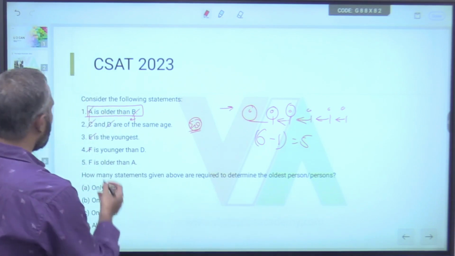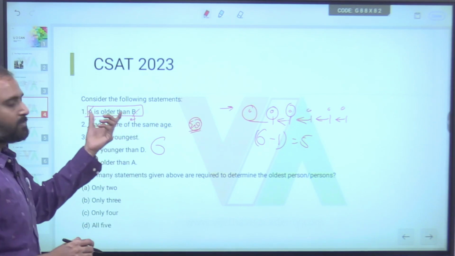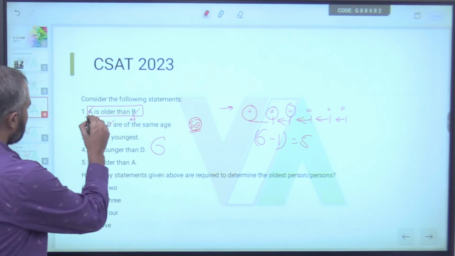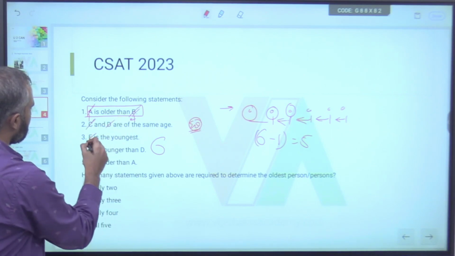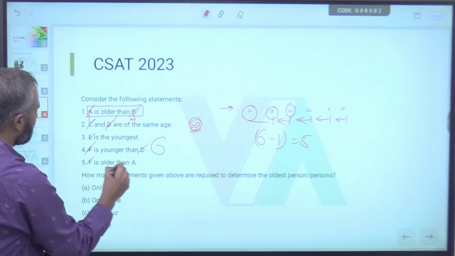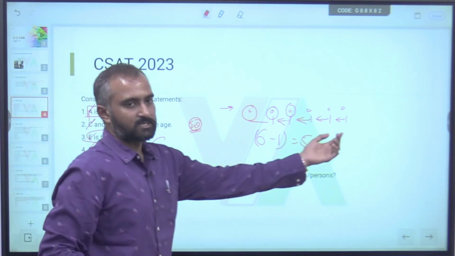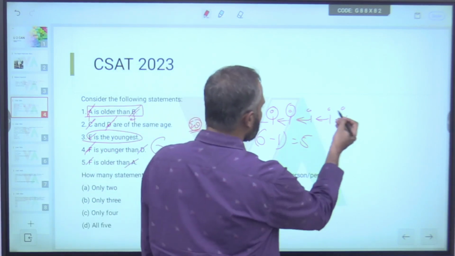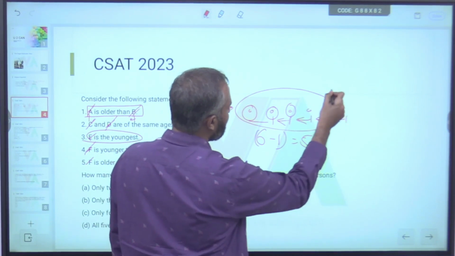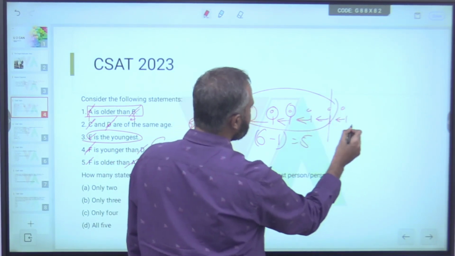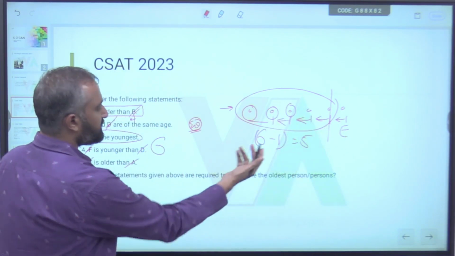Now apply this. How many people are here? 6 people. And how many people are being discussed in each statement? It is one guy relative to another guy. Same here. One guy relative to another guy. Even "E is the youngest" is a common statement. Instead of comparing with one guy, we are comparing with the whole group, so it is also giving a reference of 1 versus 1. How many statements do you need?